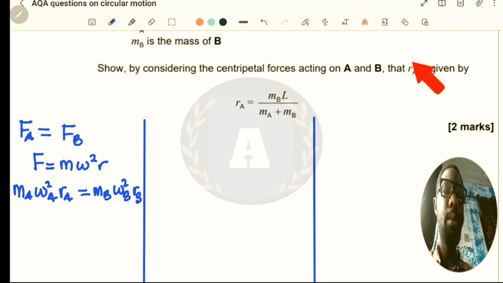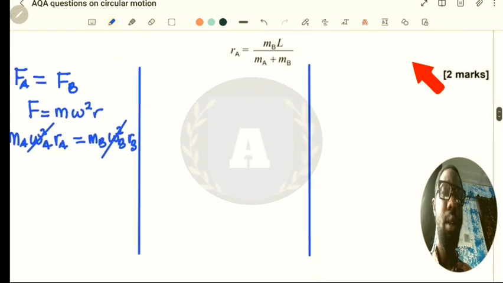Okay, they both rotate together, so the angular velocity will generally be equal and will cancel out.